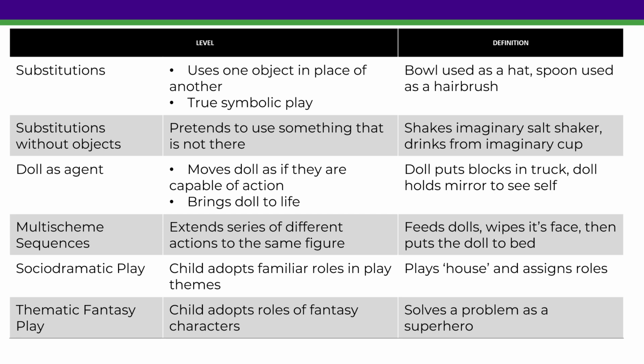So this just keeps building on using objects in the place of another object. I won't read through all of these, but this is just to give you an idea of different ways to continue building on pretend play, on routines, on sequences of things to get more and more creative.